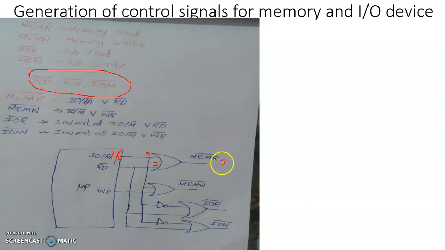This will be going low if and only if both the address is meant for a memory element and when the processor is performing a read operation of this addressed location that happens to be a memory. So by combining these two status lines, we will be capable of producing an active low signal meant for performing a memory read operation of an addressed memory location.